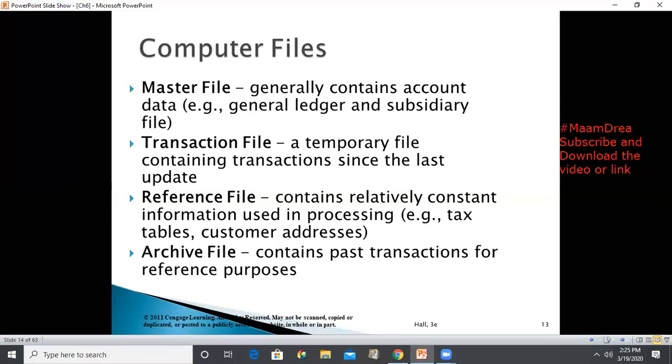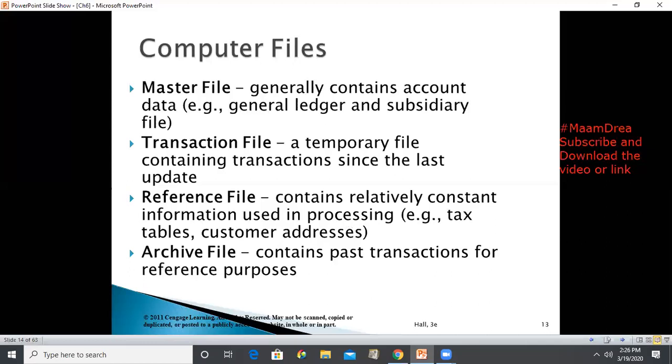To calculate the withholding tax. Other reference files are the price list for preparing the customer invoices, the list of authorized suppliers, and employee rosters. In our illustrations, we use the customer credit files to approve the credit sales.